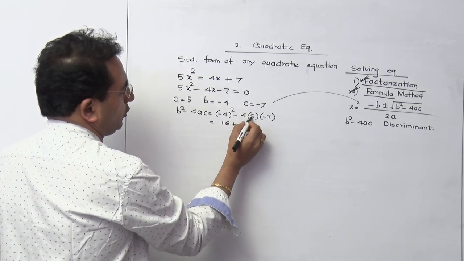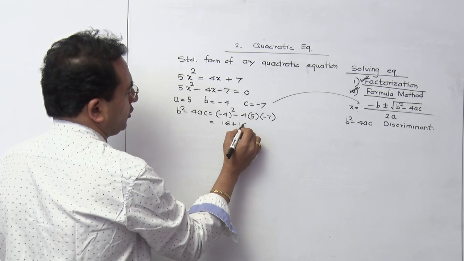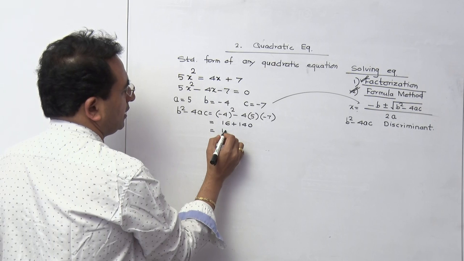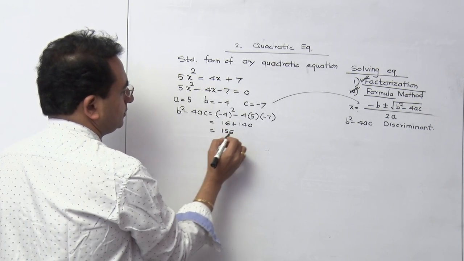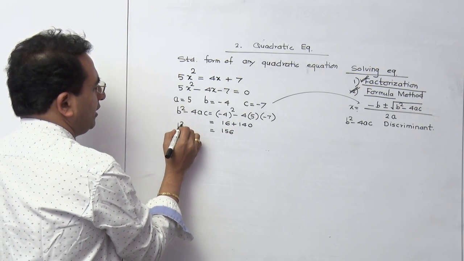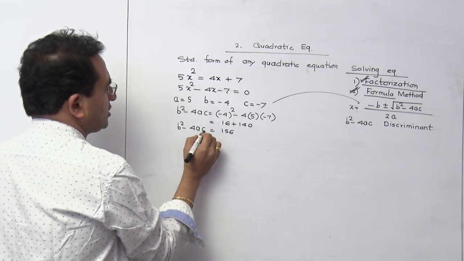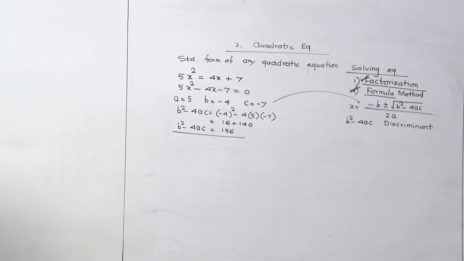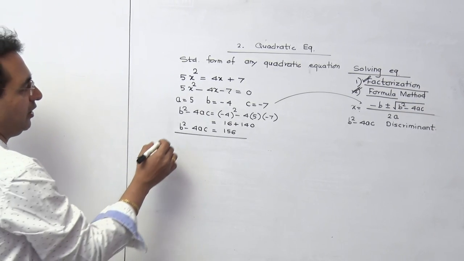This one you are going to get 20 into 7, that is going to be 140. This value is 156. B square minus 4ac, the answer you are going to get is 156. Is that clear to you? Now we'll write the formula.